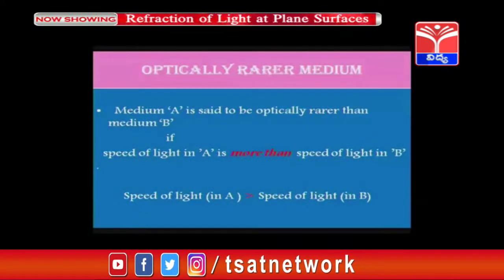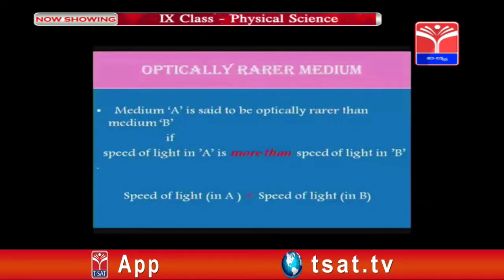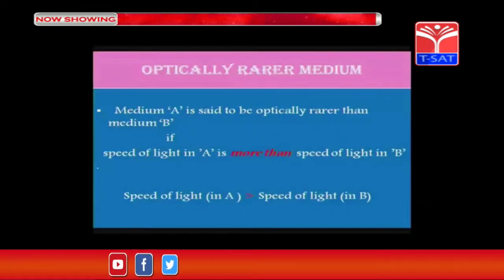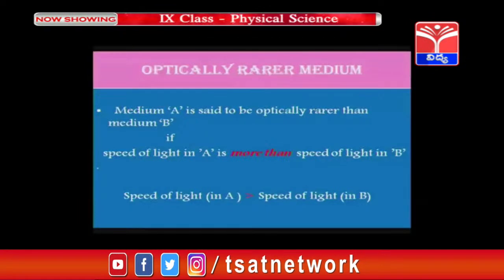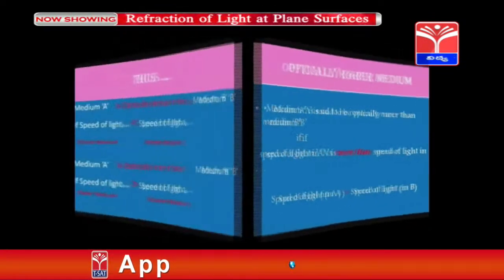Medium A is said to be optically rarer than medium B if the speed of light in A is more than the speed of light in B. That is, mathematically, speed of light in A is greater than speed of light in B. Then the medium is said to be optically rarer medium.